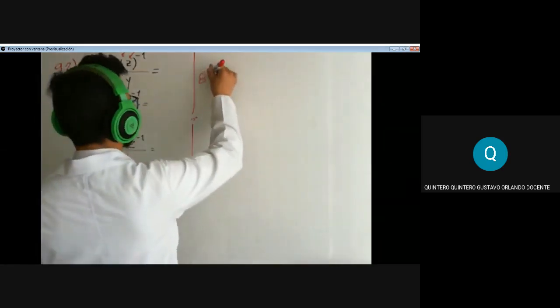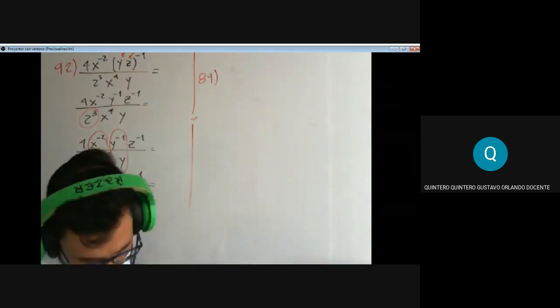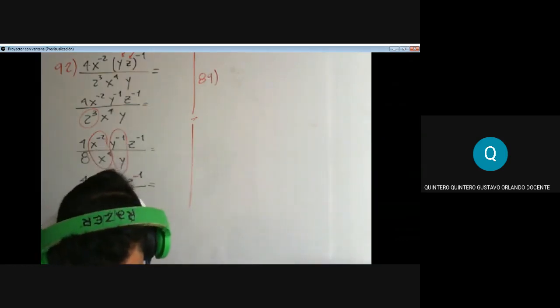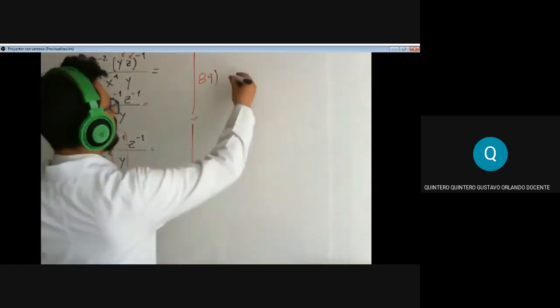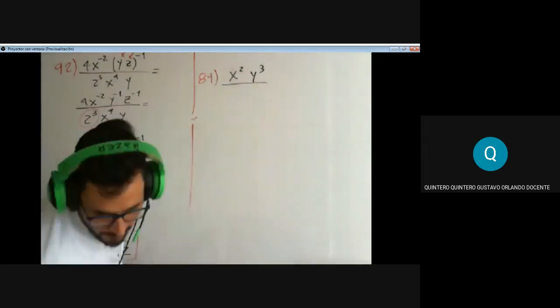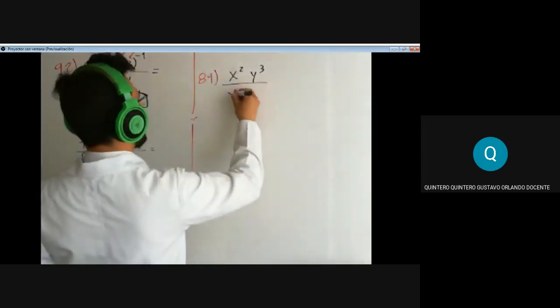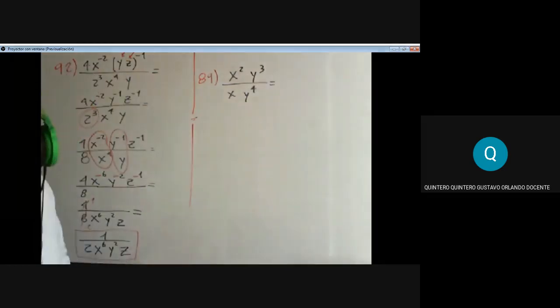89. All right, question 89. And question 89 says, x to the 2, y to the 3 over x, y to the 4. This is a pretty simple exercise. This is absolutely simple.